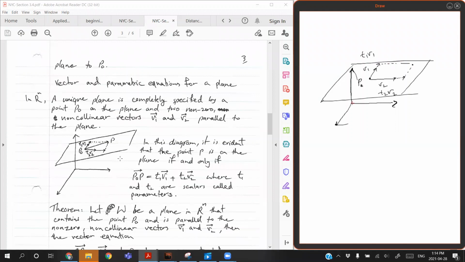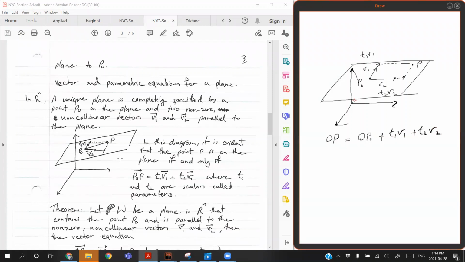Think of the vector that goes from the origin to P0, and then the vector that goes from the origin to this new point P. We can see that OP is going to be OP0 plus t1 v1 plus t2 v2.